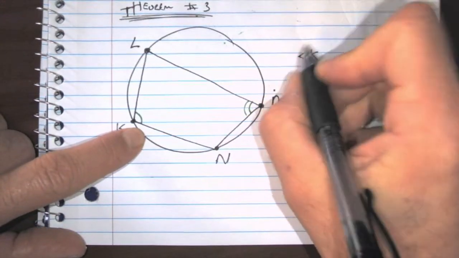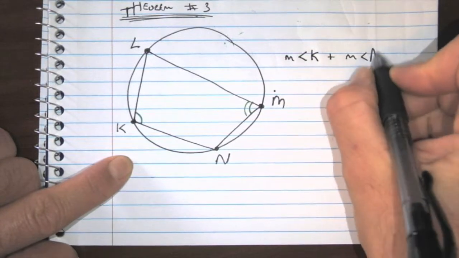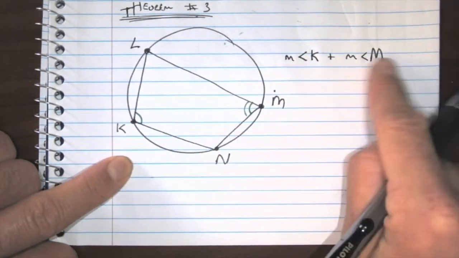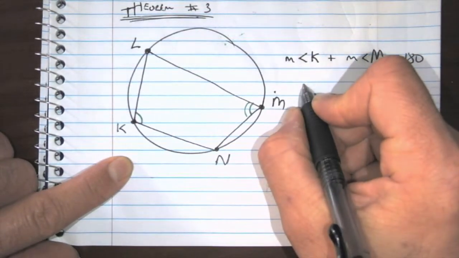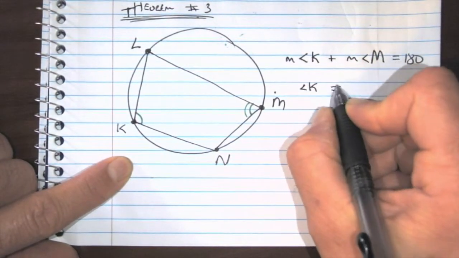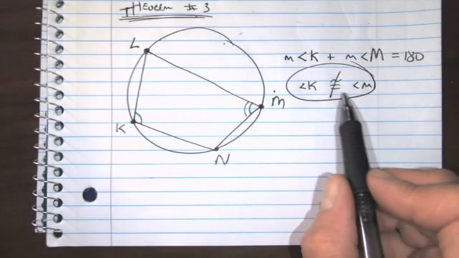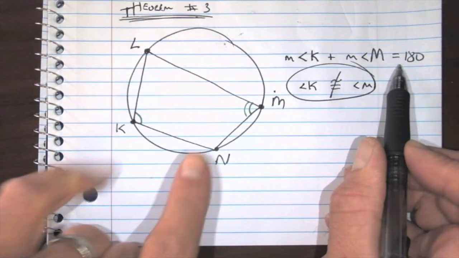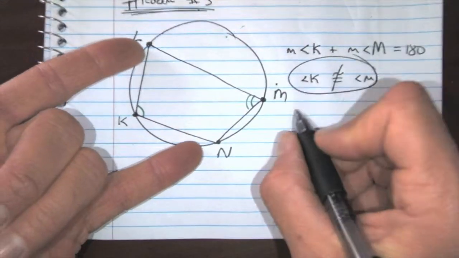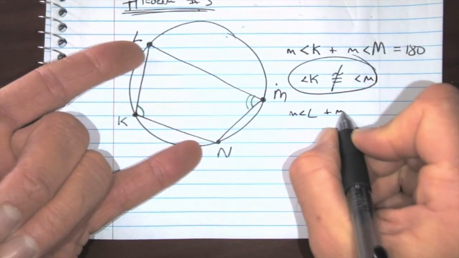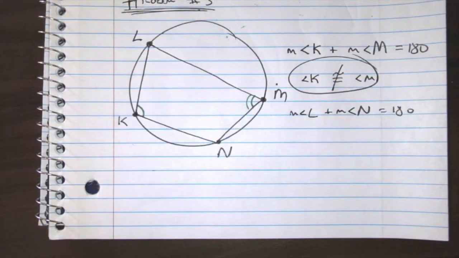So angle K, if you add that angle plus the measure of that angle M, it equals 180 degrees. Angle K is not congruent to angle M. Don't say they're equal. They're supplementary. Add these two together, it equals 180 degrees. Add these two together, measure of angle L plus the measure of angle N, it equals 180 degrees.